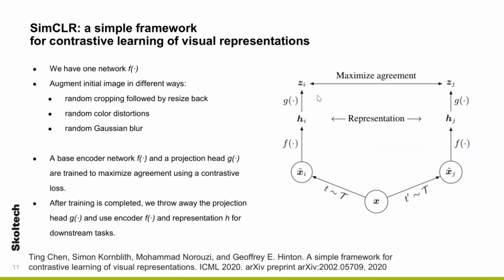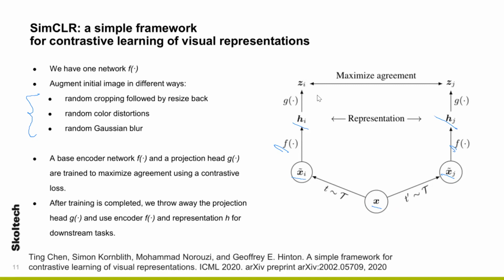What we need for this magic is, in the first place, for an image, to generate two augmentations of it, for example random cropping or Gaussian distortions. This pair is enough. We have this encoder again, and have two representations here.